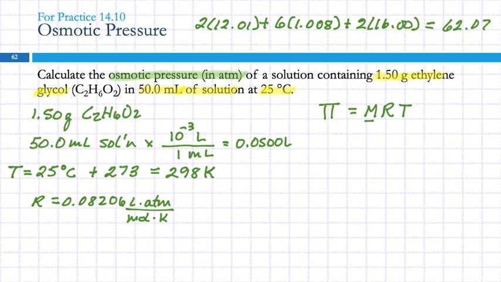That's 62.07 grams per mole of this ethylene glycol.